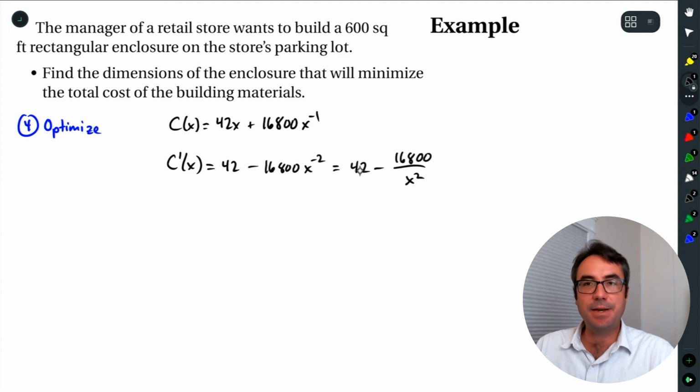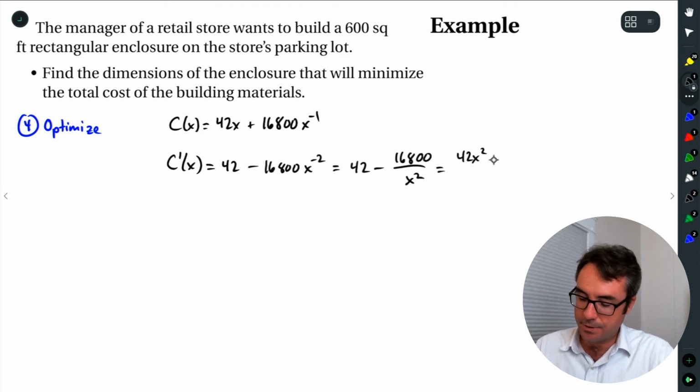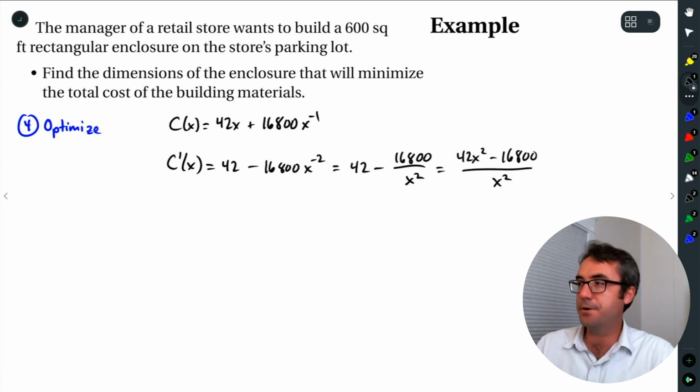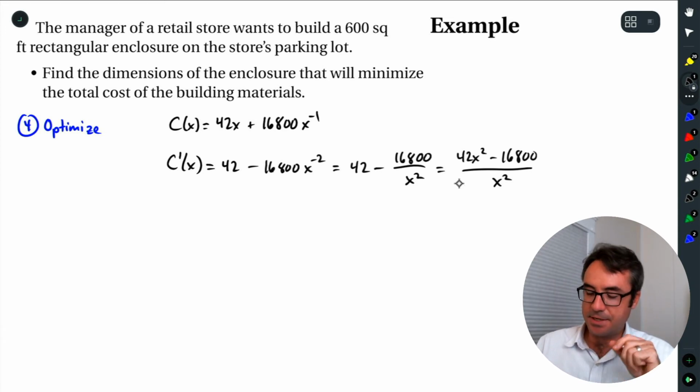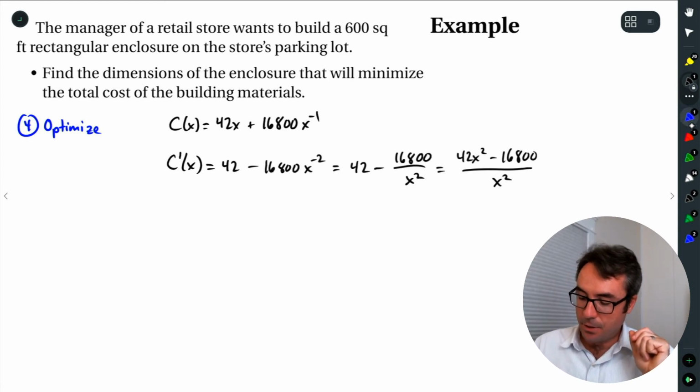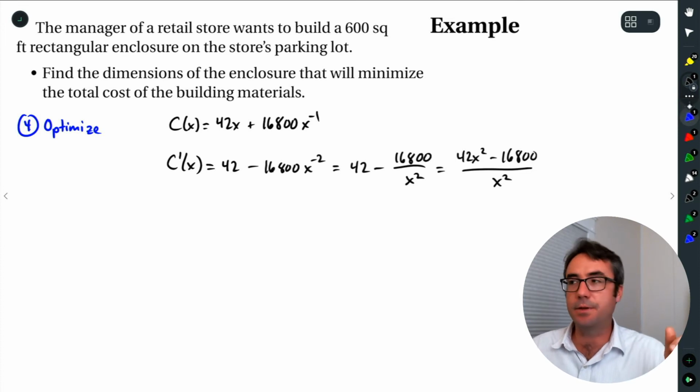We get a common denominator so we can combine these into one piece. So this would be 42x squared over x squared. And so we get 42x squared minus 16,800, all over x squared. And now with this written as a single fraction, we can go ahead and worry about the critical numbers.